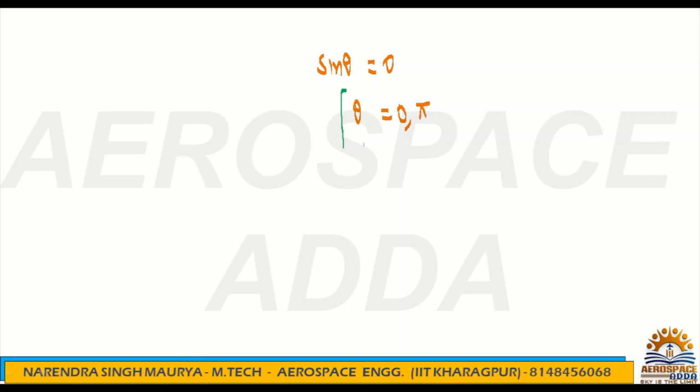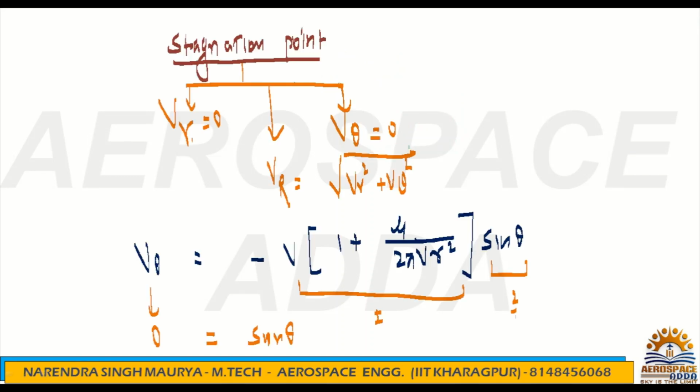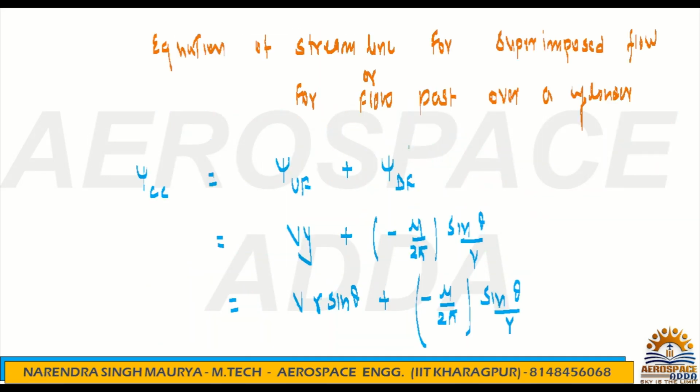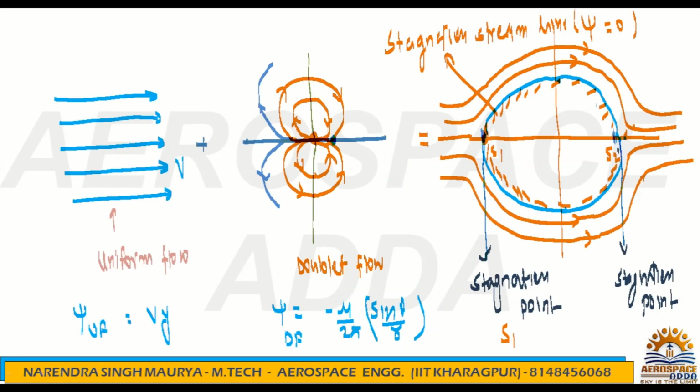Stagnation. How can I show you? Go to the diagram here. Easy to understand. I can take this radial distance to any point. Somewhere here I am considering one point x comma y. This radial distance is r, and this angle is theta.